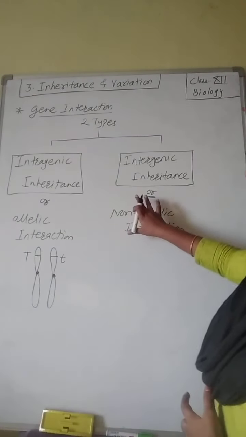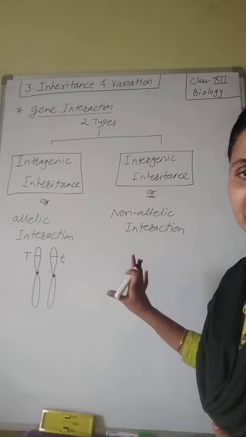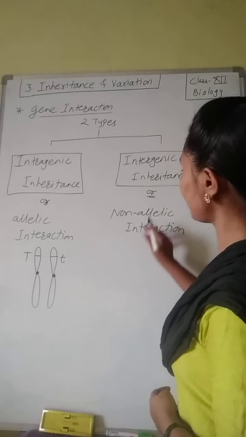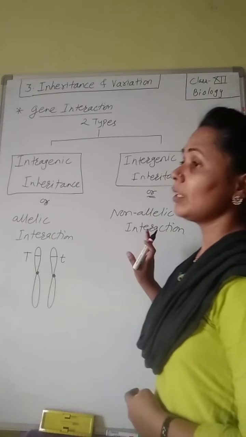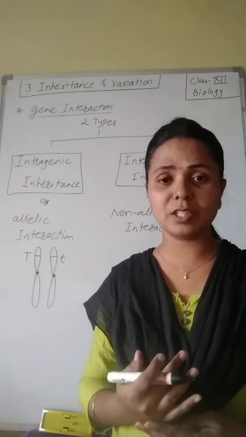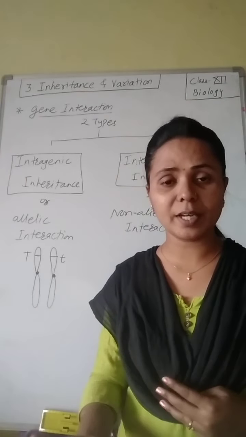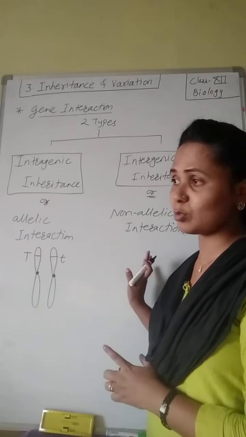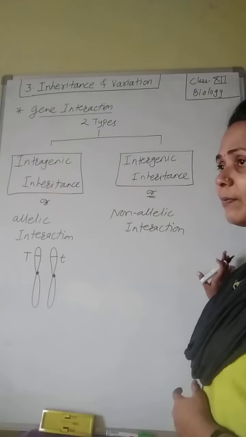What about intergenic inheritance? It is also called non-allelic, meaning the genes are present at different loci, either on the same chromosome or on different chromosomes.